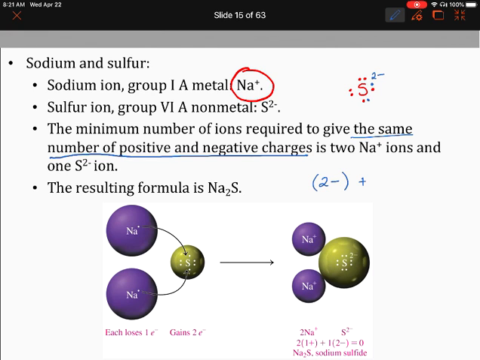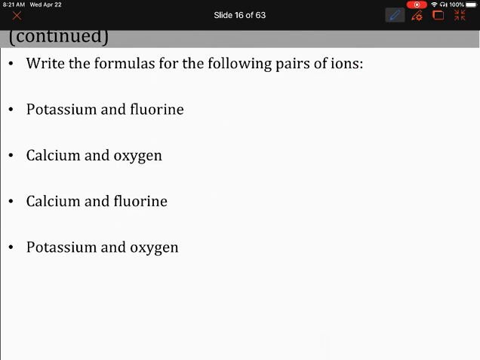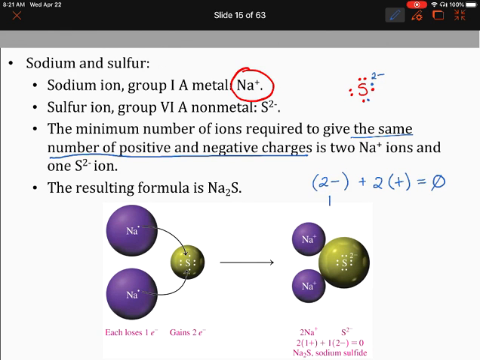So that must mean we need 2 positive charges so that everything adds up to 0. So what that tells us is we are going to have one sulfur ion and 2 sodium ions. And the resulting formula will be Na2S.